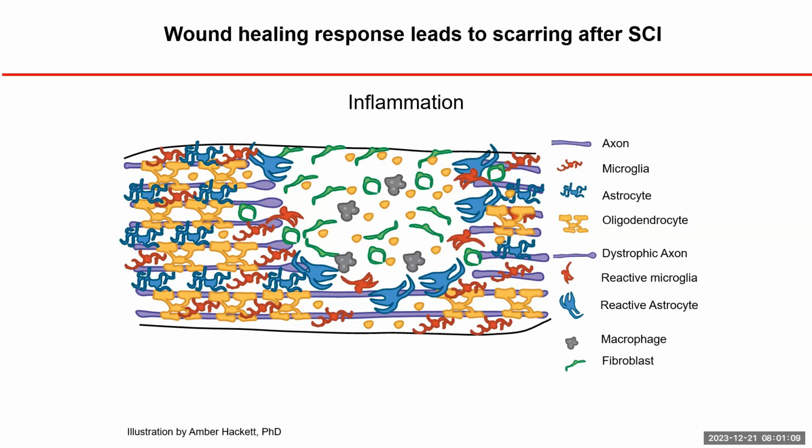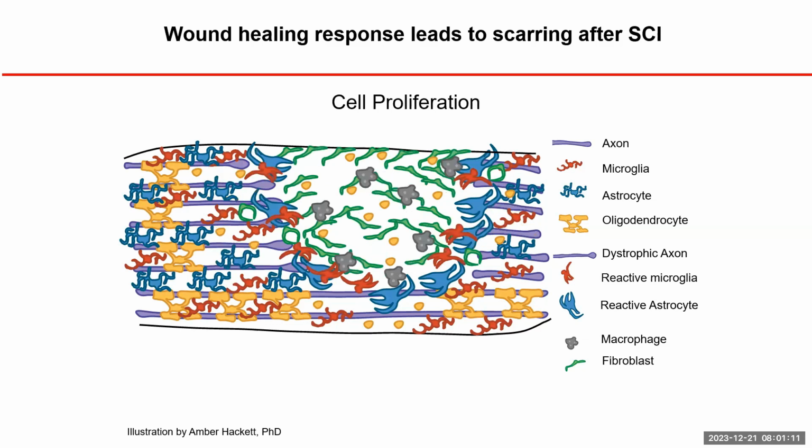And this is followed by the phase of cell proliferation. In rodents, this typically peaks around 3 days after injury. This is a peak of proliferation for most cells. And then after a couple of days of proliferation, it subsides significantly.